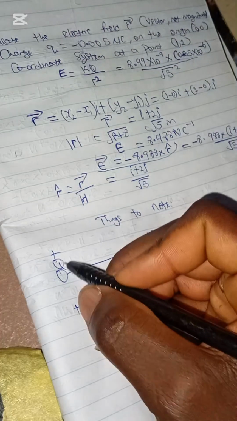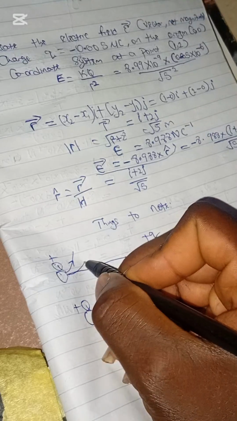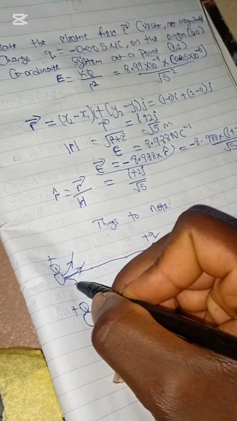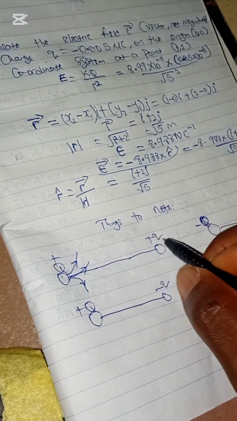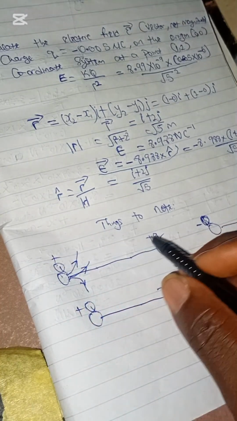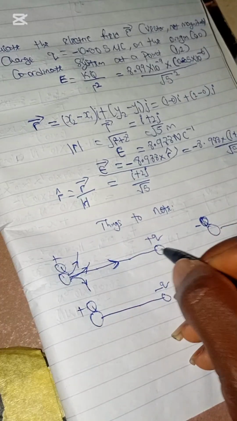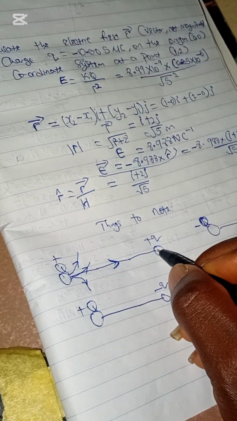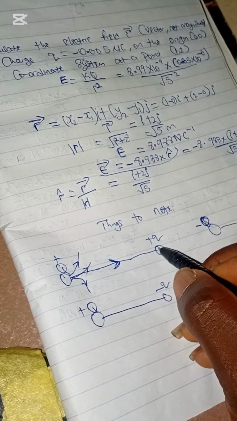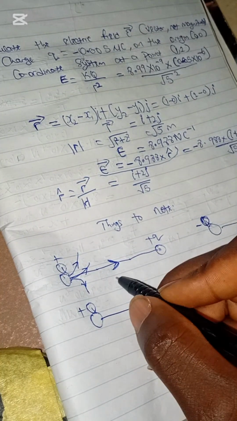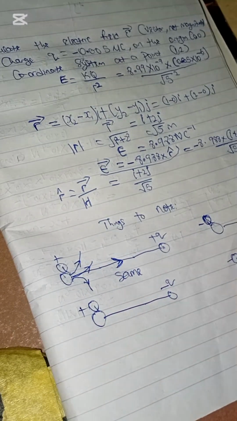So since this is positive, you know the direction of the field will be away from it. And the force exerted by the source charge on this test charge is a force of repulsion because they are plus plus. So the force will be towards the test charge. Are we together? So the direction of the field and the direction of the force exerted on the test charge are in the same direction. You can see they are the same.